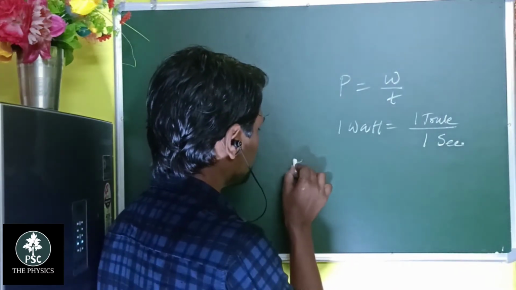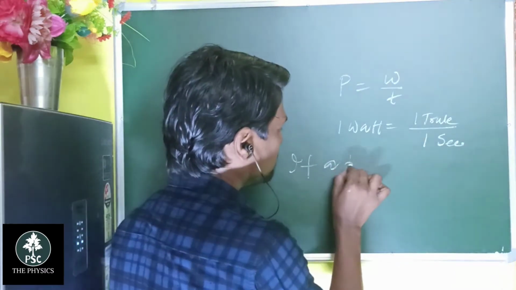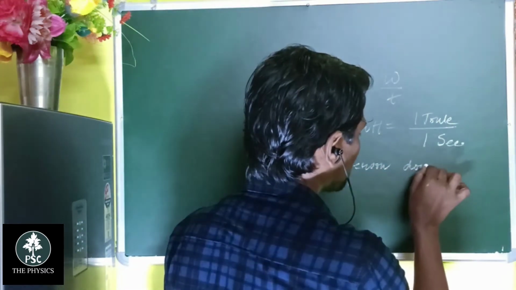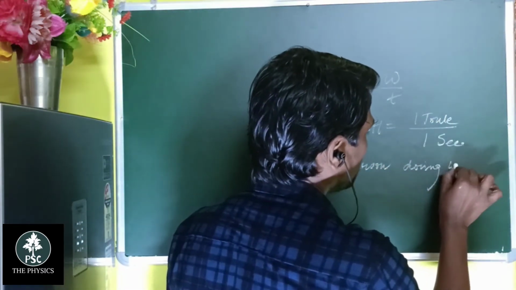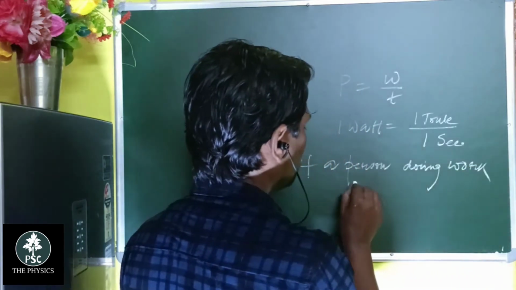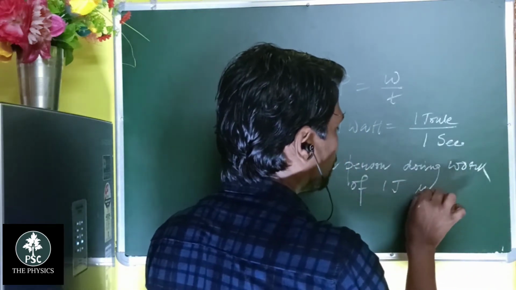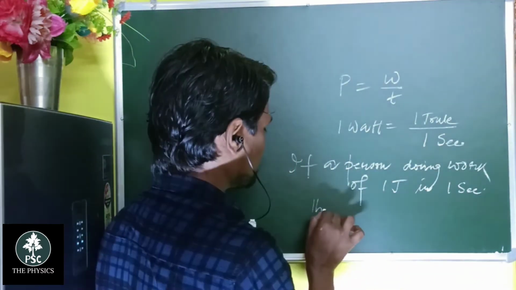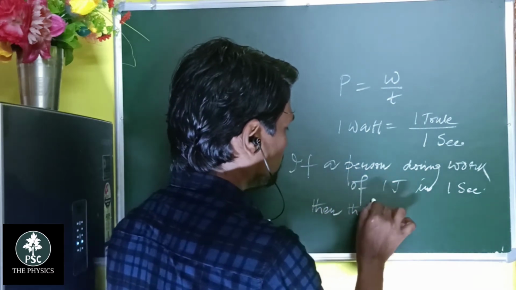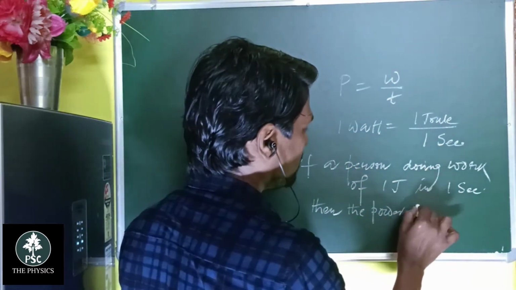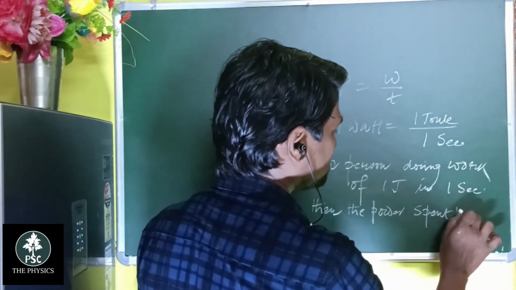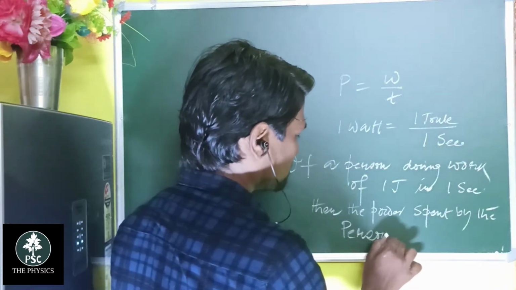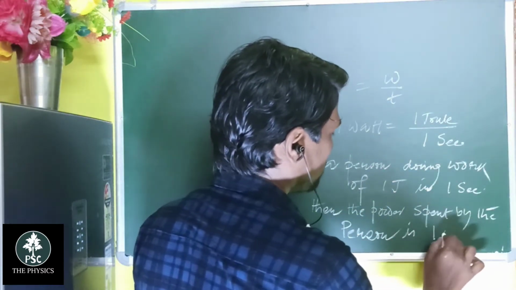If a person is doing work of 1 joule in 1 second, then the power spent by the person is 1 watt.